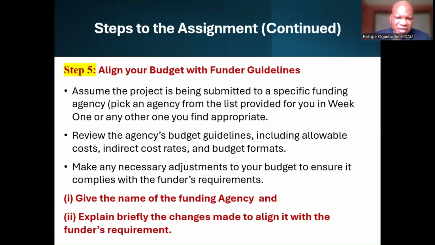And then we expect at this point that they will give the name of the funding agency that they have aligned their project with, and also explain briefly the changes made to align it with the funder's requirements.